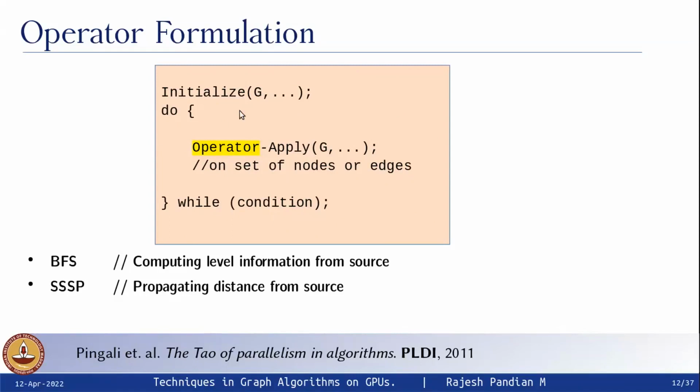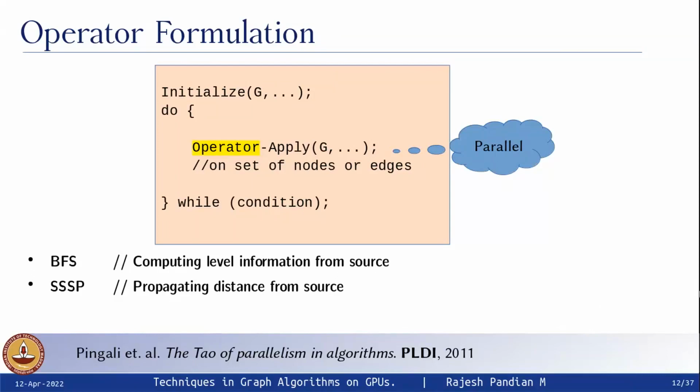So they fit some 4 different algorithms into this pattern, and after which many researchers found out that this is a very applicable pattern, and they brought in more graph algorithms into this pattern. And the important thing is this operator is applied in parallel.